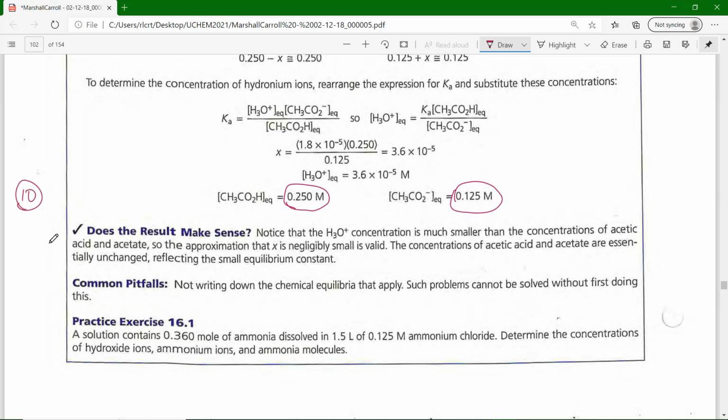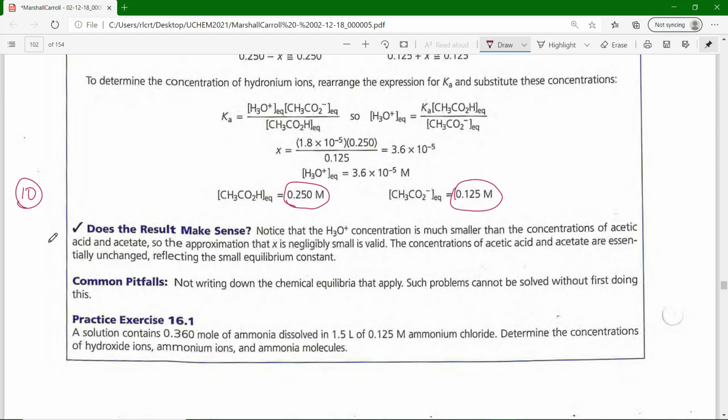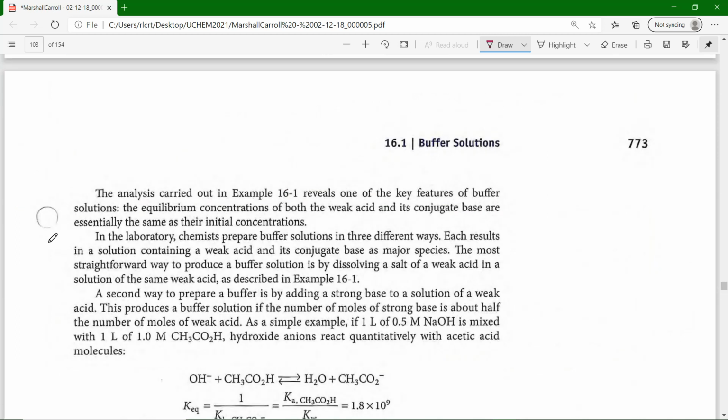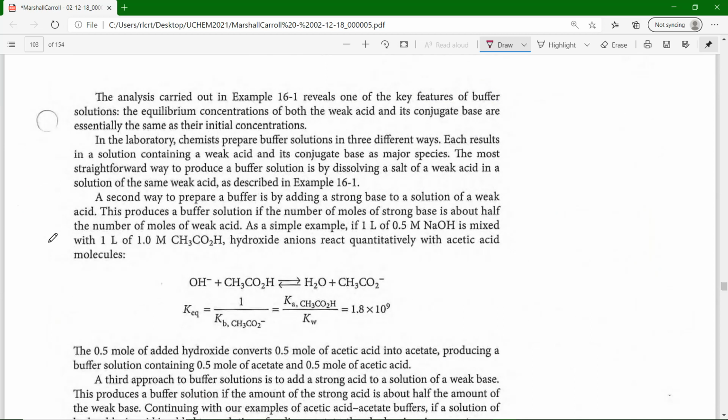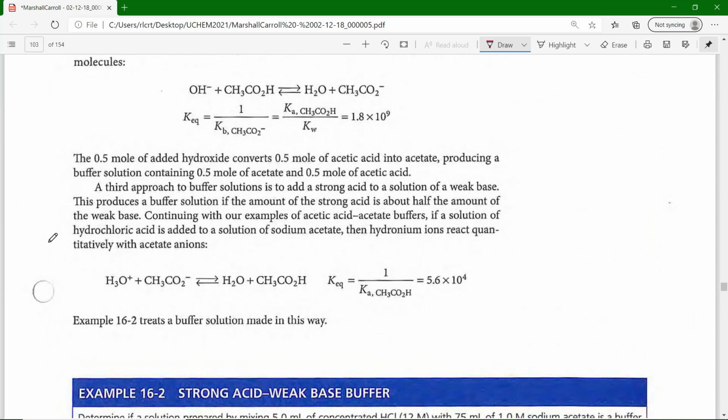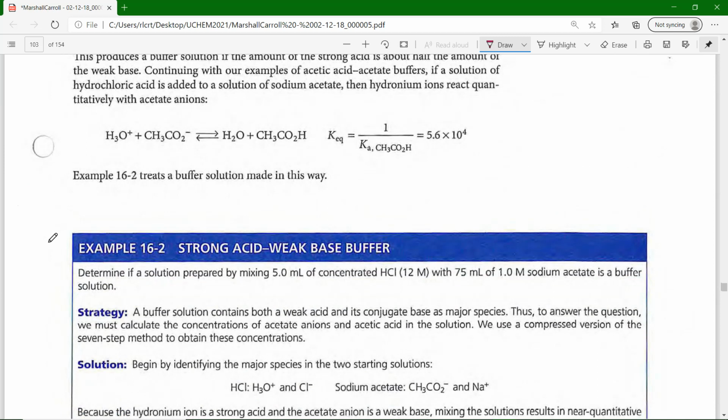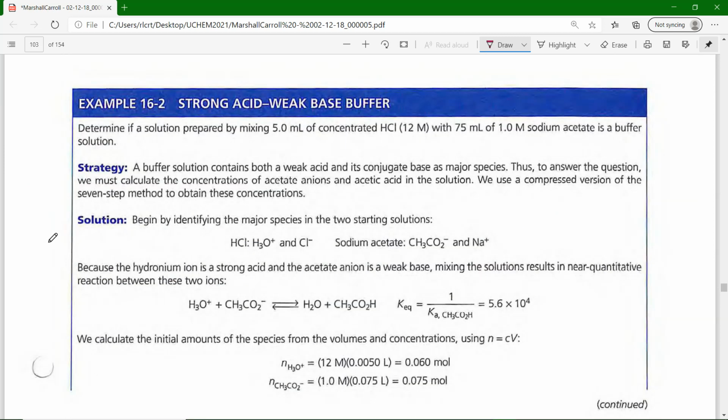So one shouldn't be 10 times more than the other. Okay, so now I need to look at all this here. I'm going to do my famous, I made this up myself, it's a hockey analogy, showing how a buffer works before I go to example 16.2.